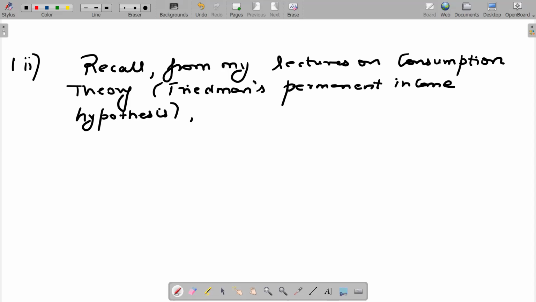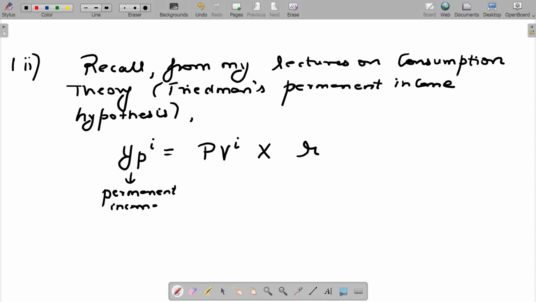You will see that in those lectures, the permanent income for individual I is the present value of income multiplied by the interest rates. This is permanent income of individual I. This is present value of income.